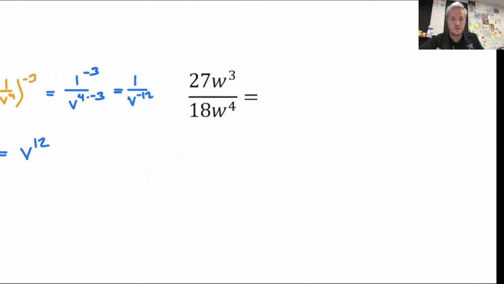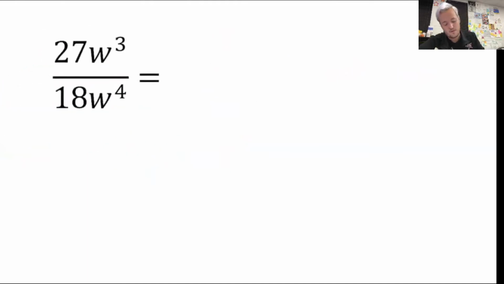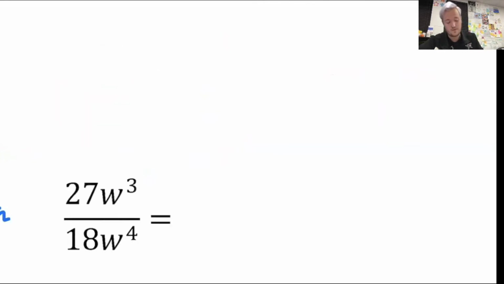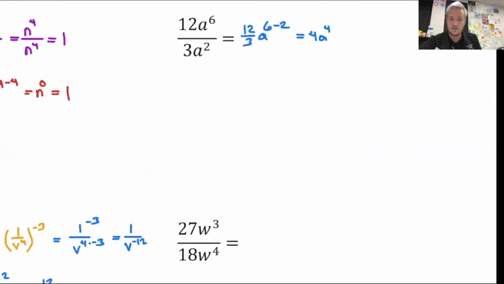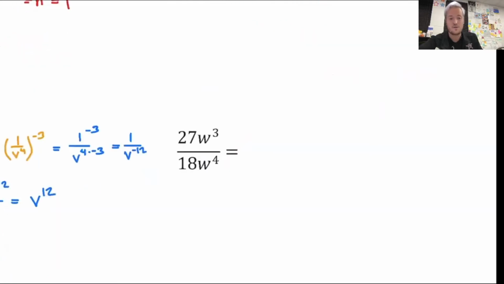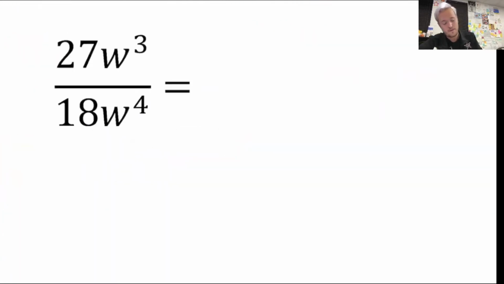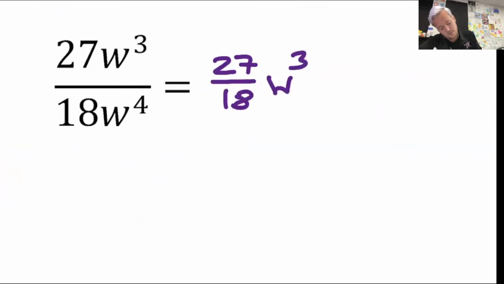All right, next problem. So really similar to the one directly above it, we're going to be simplifying the actual numbers and then subtracting those exponents. So I have 27 over 18, and then I want to do w to the 3 minus 4.